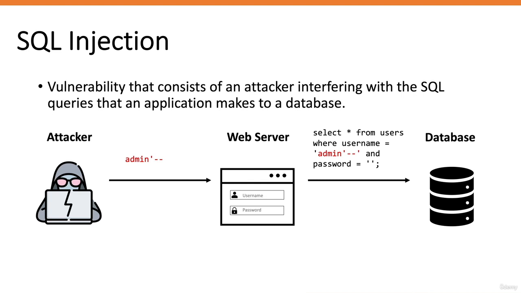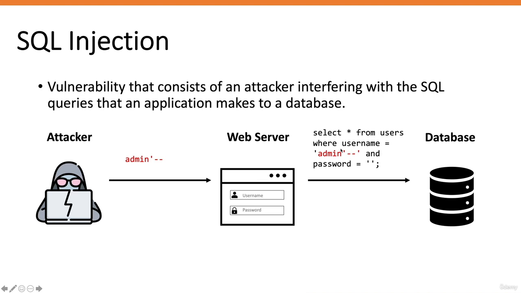However, if this application is vulnerable to SQL injection, so it doesn't use parameterized queries, it doesn't validate user input, then what will happen is that any SQL characters or SQL code that the attacker adds as part of the payload will become part of the query. And so in this case, what's happening is select star from users. So select the entries from the users table where username is equal to admin.